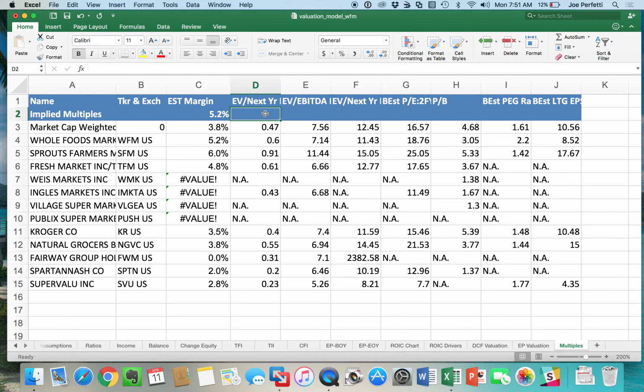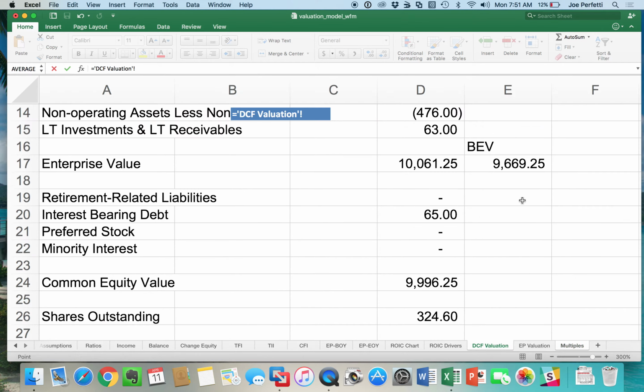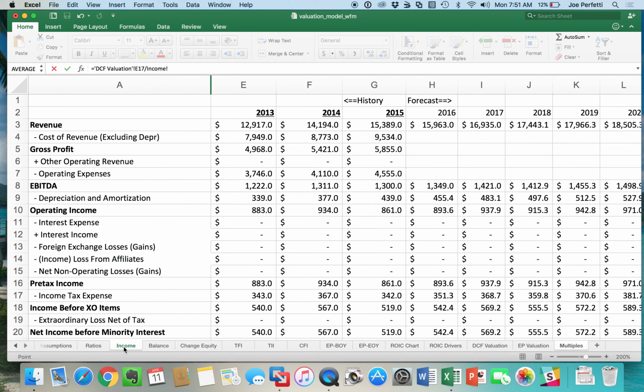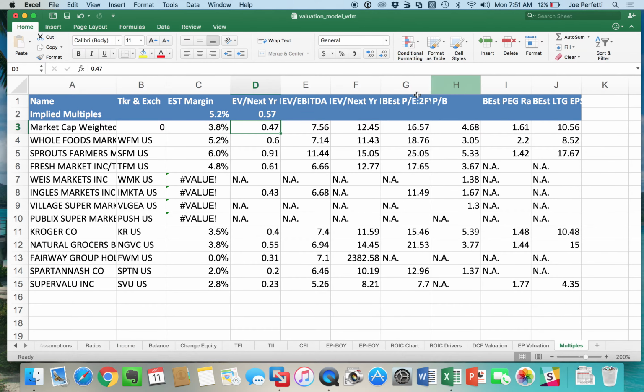Next, we have enterprise value to sales. For 2017, equals enterprise value, so I'll go back to the Bloomberg equivalent enterprise value and divide by, on the income tab, 2017, which was the second forward year's sales. So divided by 2017 revenue, that would be our enterprise value to sales ratio.